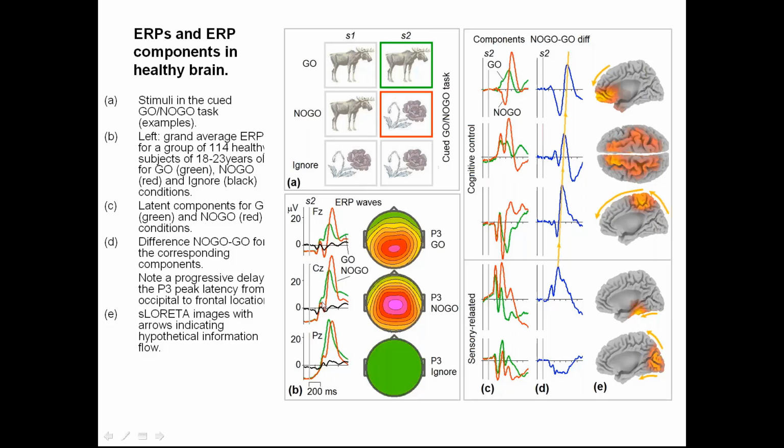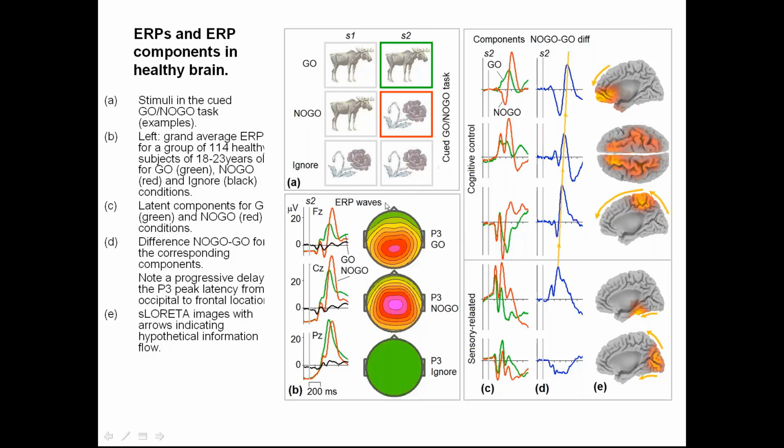These are event-related potentials recorded in a group of healthy subjects in response to go cues. So this is the go condition, green. In response to no-go stimuli, red. And in response to ignore stimuli, black.